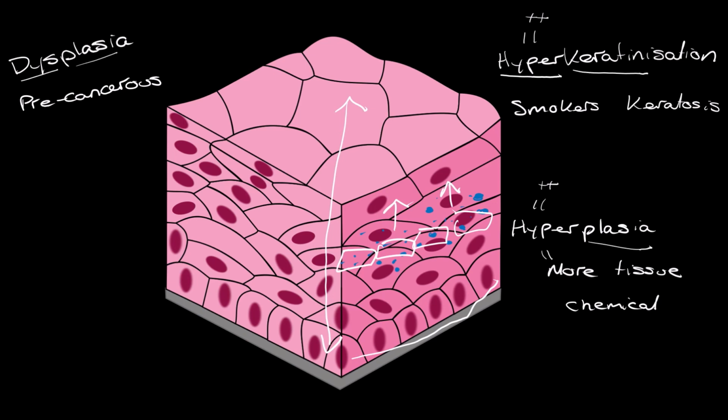And dysplasia is when you see changes throughout all the layers of the epithelium. So with hyperkeratinization, we said occurred in this granular layer, and with hyperplasia, it was to do with the prickle cell layer. Well, dysplasia, when you look at it under the microscope, everything's not right.